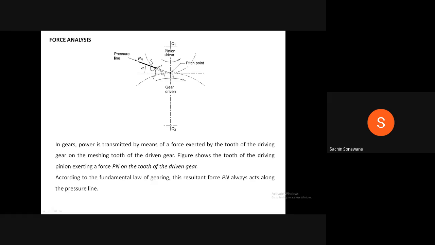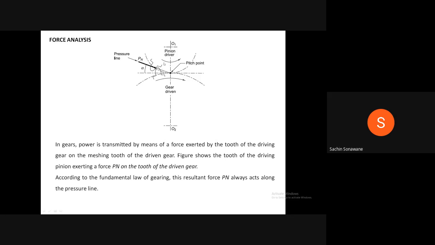Therefore, we are observing that the tooth of the pinion is in contact with the tooth on the gear. Whatever this line is, it is known as the pressure line. Along this pressure line, the normal force Pn acts. Why is this normal force acting?